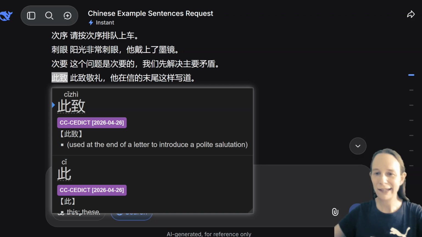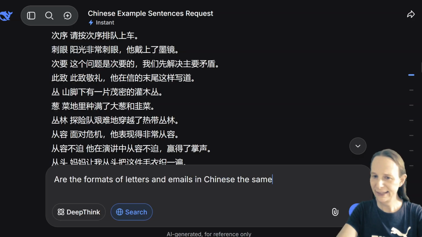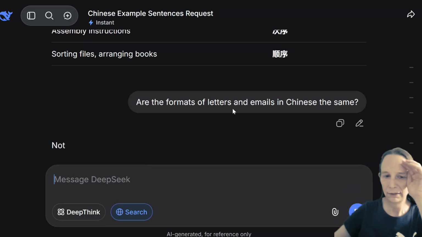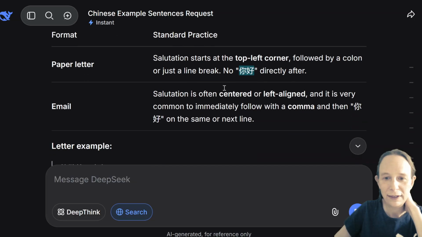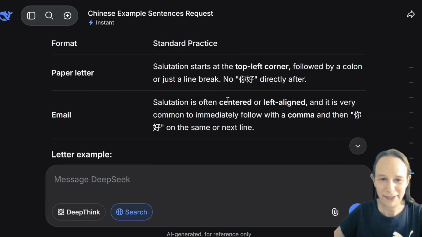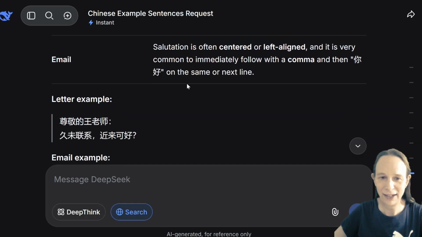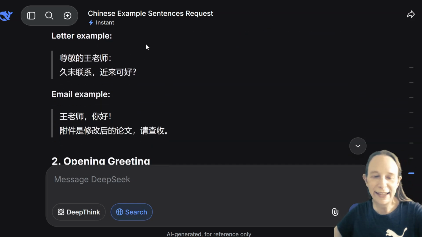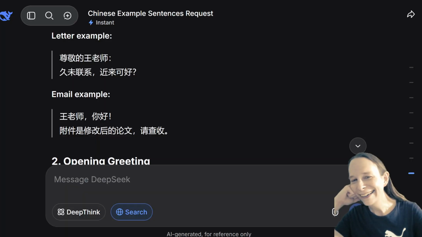I'm not sure. Let's ask the AI. Are the formats of letters and emails in Chinese the same? Not exactly. 你好. Yeah, well, this happened because just a line left in emails and things. Top left corner. Oh, yeah, center or left align. Okay. 尊敬的王老师，久未联系，近来可好？Yeah, I should start my emails like that.